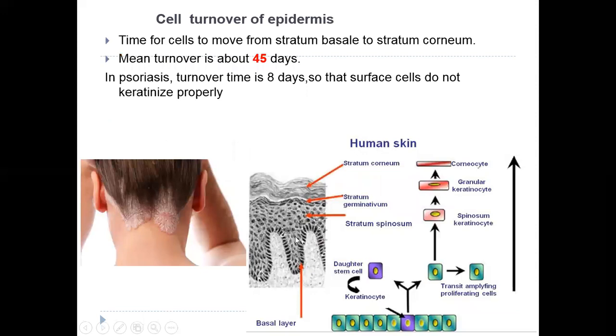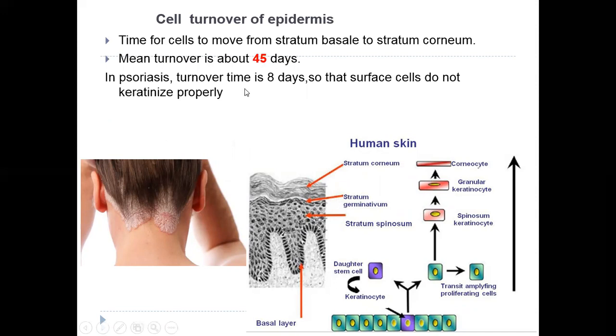Now, how many days does a cell take to move from stratum basale to stratum corneum? Usually it takes around 45 days for a cell to move from stratum basale to stratum corneum. But that is the normal condition.